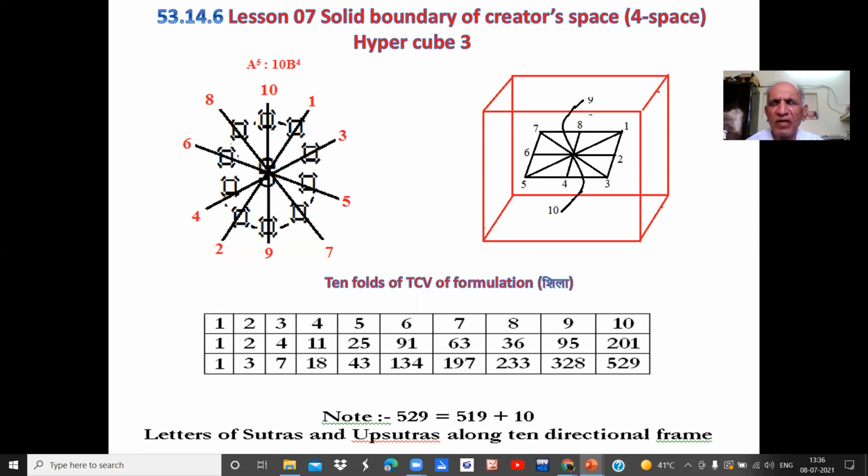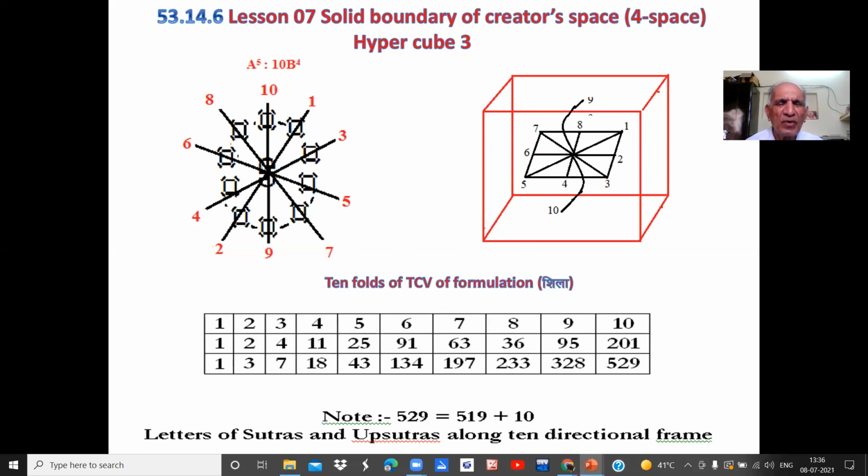It will be very, very blissful that the Shila, slab, Shila as word formulation leads us to its 10 folds as is tabulated on the computer screen.